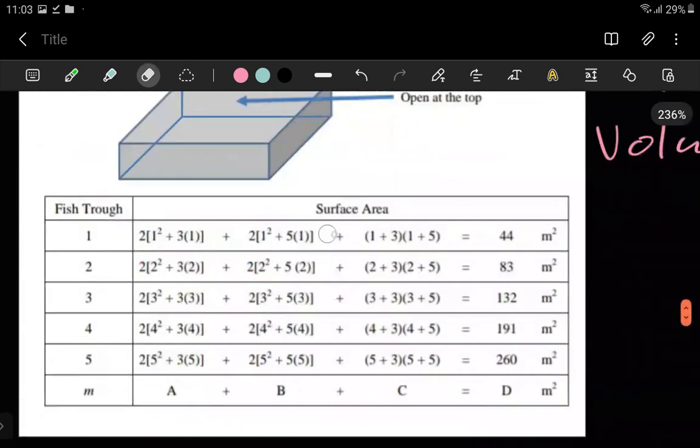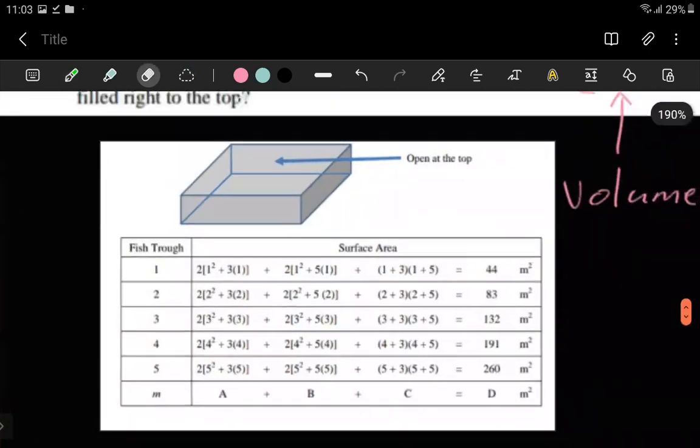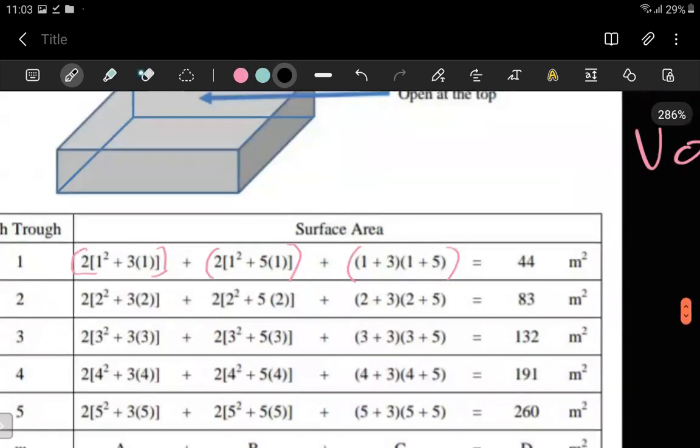Looking at the formulas we're given here, we can already agree that this was representing a front and a back, or maybe a left and a right. This also was representing a front and a back, or a left and a right. And this one was definitely representing the bottom, you see. So let's maybe label this bottom. Let's label this sides. Let's say left or right.